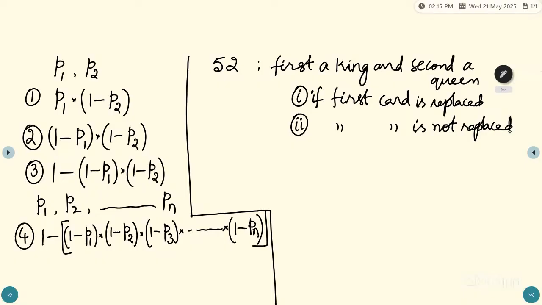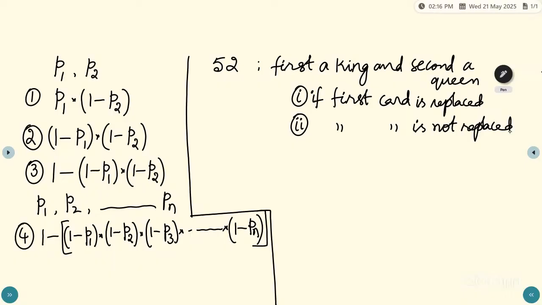Okay, right now in this problem, drawing king and queen cards are purely independent events.